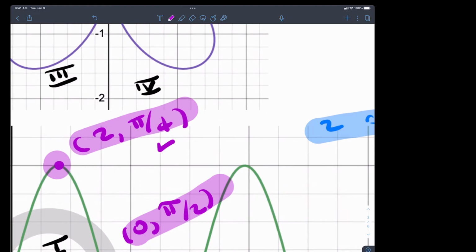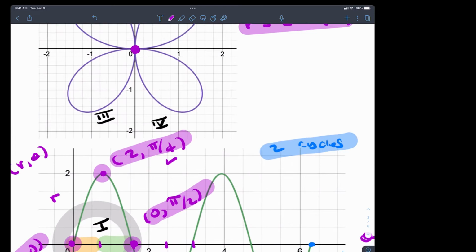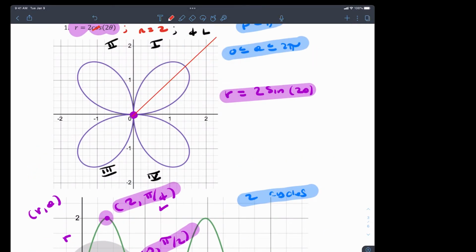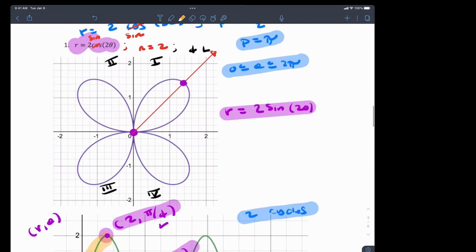And then the radius will be 2 at pi over 4. This is where pi over 4 would be. It's 45 degrees. So that color here in orange, I know what I wanted to share with people. That's this portion right here. You go from 0 to what? 45 degrees. And that is radius of 2, angle pi over 4 here.